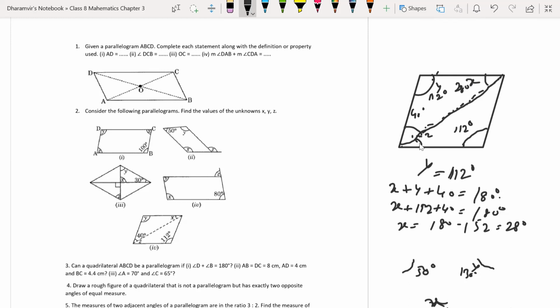We have to calculate Z. Z is the alternate interior angle. Alternate interior angles are always equal. So according to this rule, Z is equal to X, because alternate interior angles.